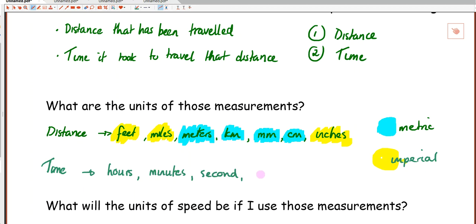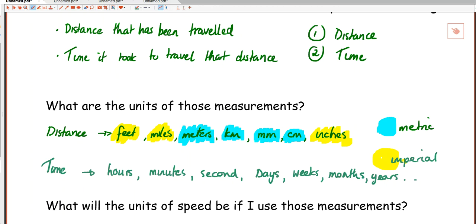I think it's a good question. Yeah, we could say days, couldn't we? We go back up. We could also say weeks, months, years. Yeah.